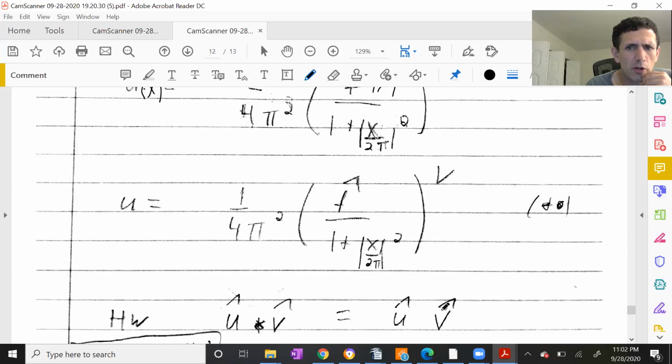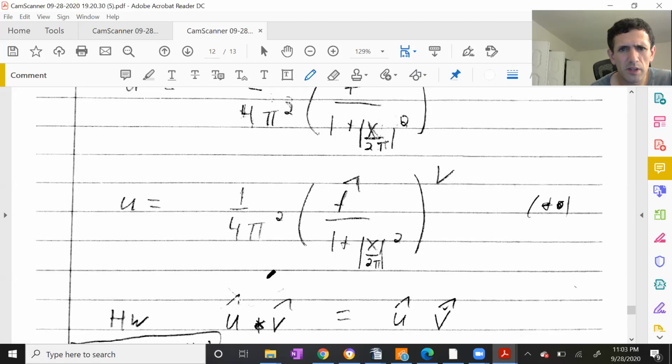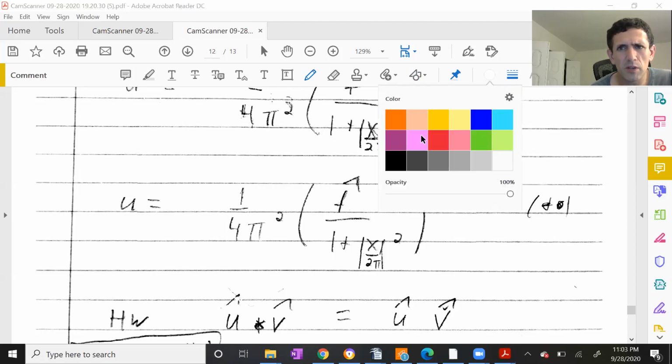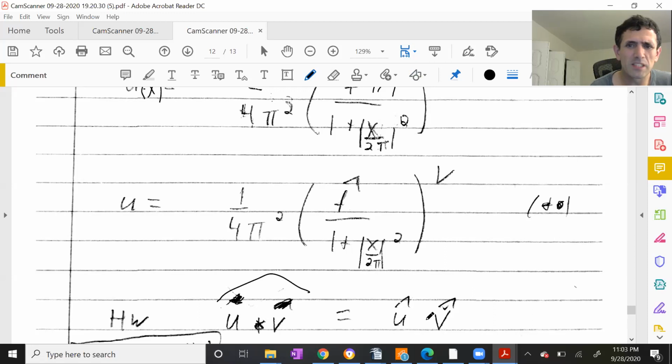So for homework, for u and v in L2, sorry, this should be the whole thing Fourier transform. Okay, so the Fourier transform of u convolved with v is a product of the Fourier transforms.